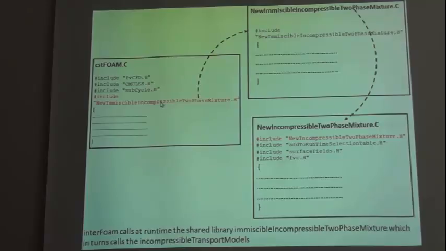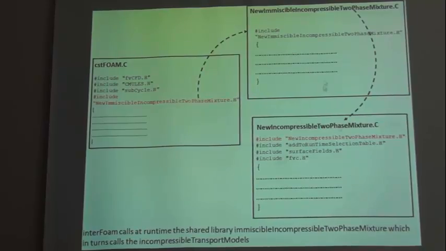But the major classes that we have to worry about are immiscible incompressible two-phase mixture and the incompressible transport model class. Since interFOAM deals with a two-phase mixture, we need to define the properties for individual phases. So these details are contained in these libraries.